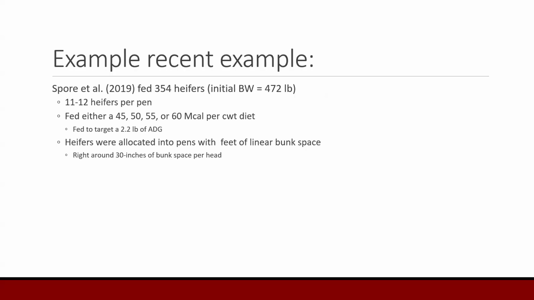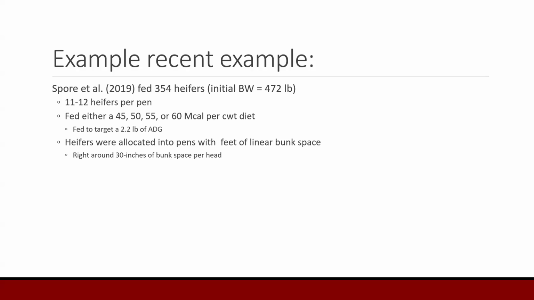All right, a more recent paper. Spore in 2019 fed 354 heifers. Their initial body weight was 472 pounds. So they had 11 to 12 heifers per pen. They fed them either a 45, 50, 55, or 60 megacal per hundredweight diet, and they targeted 2.2 pounds of average daily gain per day.